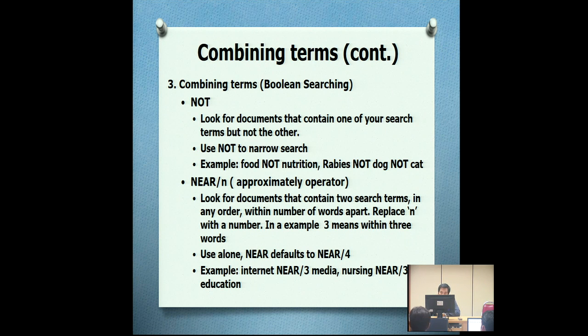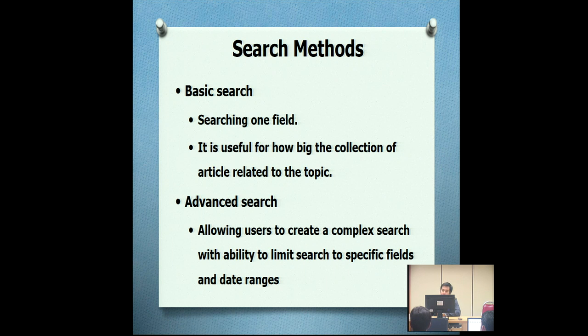The third one. And what else? After you have the concept, you apply the truncations, you connect them with the operators, and now you have to select the search method. For beginners, you can start with the basic search.